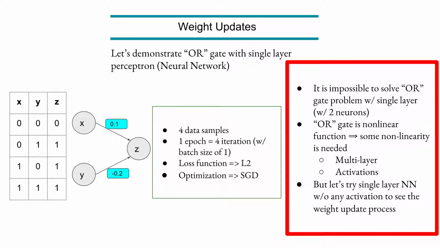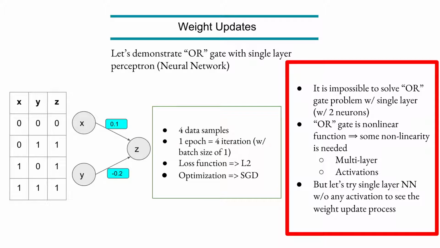That means if you use a single layer, there is no nonlinearity in your network if you don't use activation functions, of course. Yeah, the OR gate is a nonlinear function.